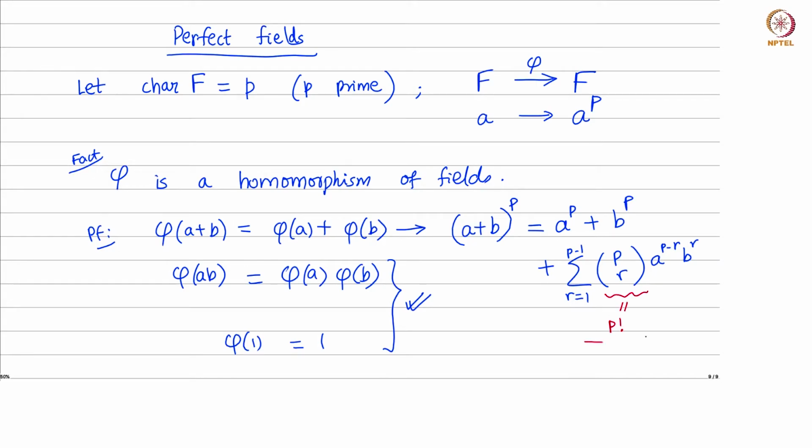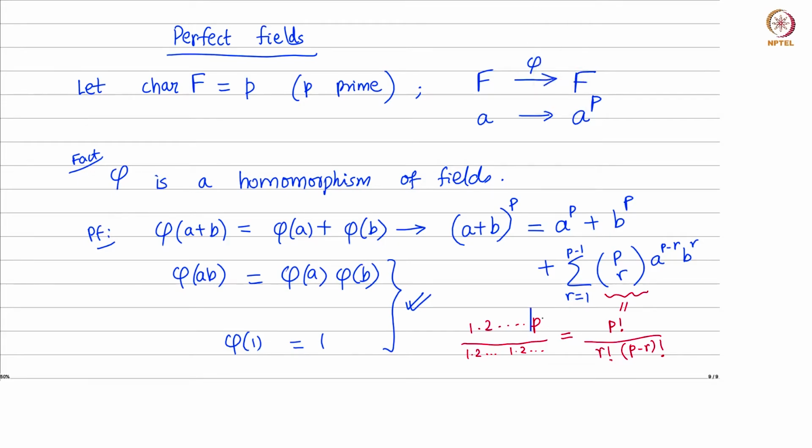This is a factorial of P divided by the factorial of R times the factorial of P minus R. And since R and P minus R are both numbers between 1 and P minus 1, they are strictly smaller than P. So when you write out these factorials, the numerator will have all numbers 1, 2, 3 till P. The denominator will be a product of one factorial with another factorial, but the bottom does not involve the term P. It only involves terms which are strictly smaller than P. Okay, so this P in the numerator will survive the cancellation.